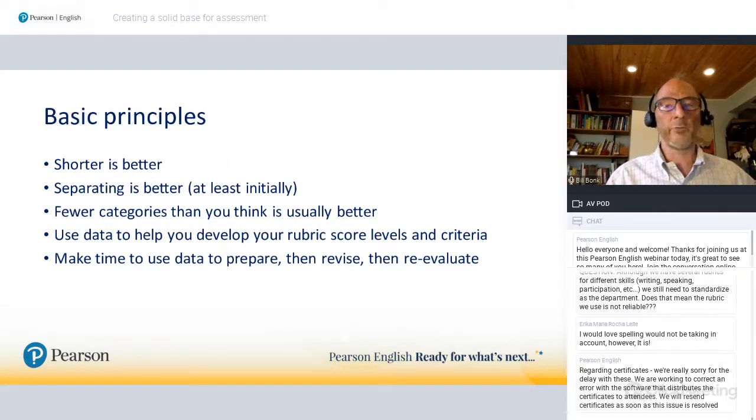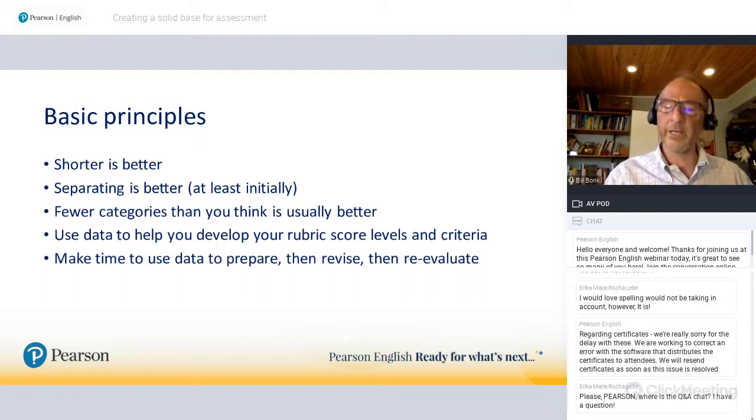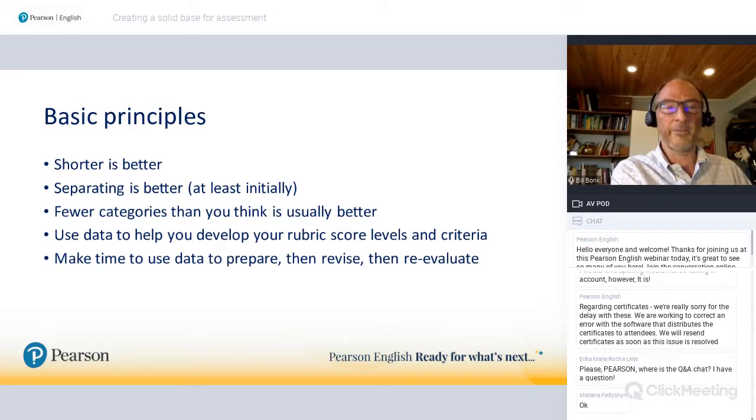So generally in rubrics, we're thinking shorter is better. Often people write very long rubrics. We want them to be shorter, less than 1 page. Separating things, as I said, analytically is usually better. Just like when you squeeze all of the toothpaste out of the tube, it's difficult to get it back in.